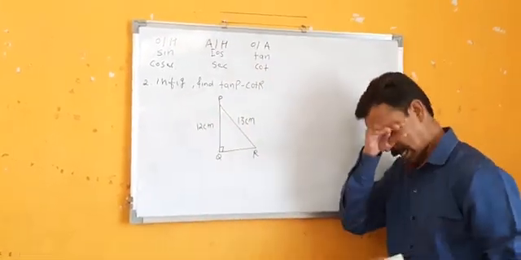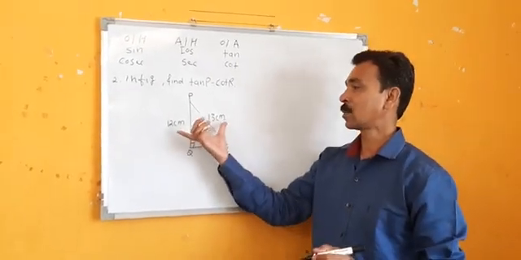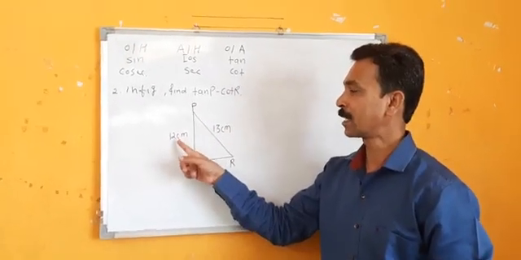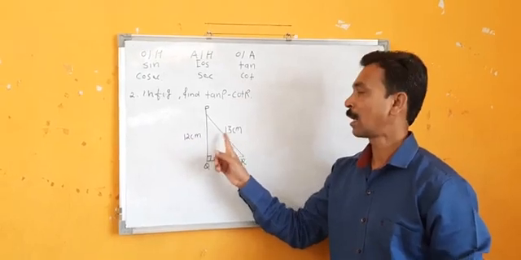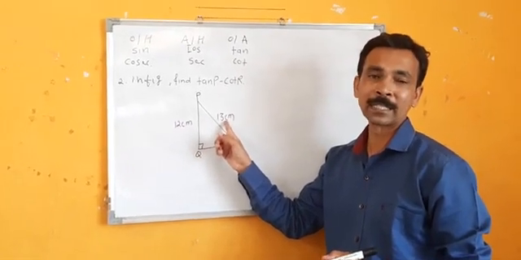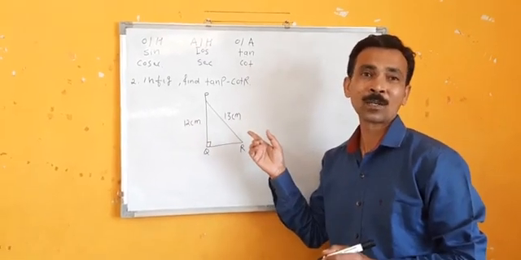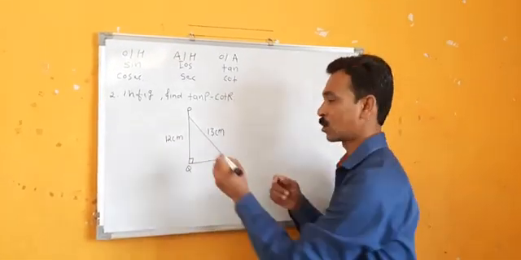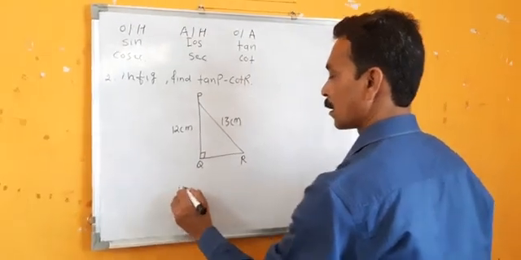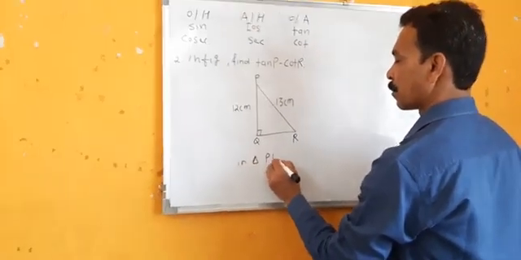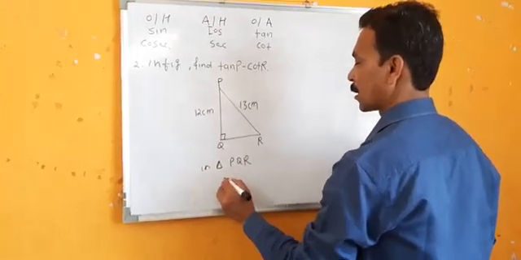Always keep in mind, okay, in the last sum, actually I forgot to tell you, you have to take K here with 12 and here also K with 13. Because while finding the third side using Pythagoras theorem, take K also. So what I'll write here, okay. In triangle PQR, right?